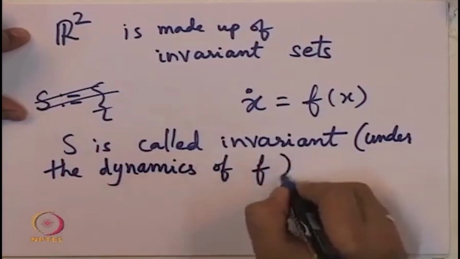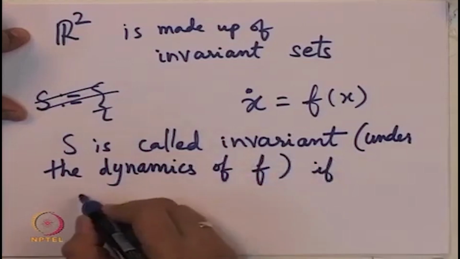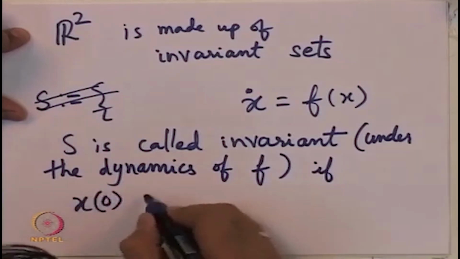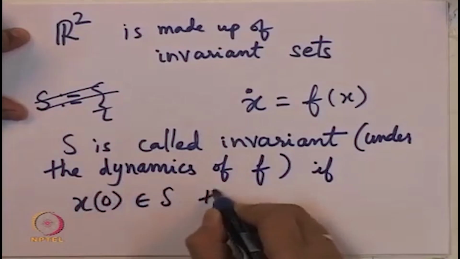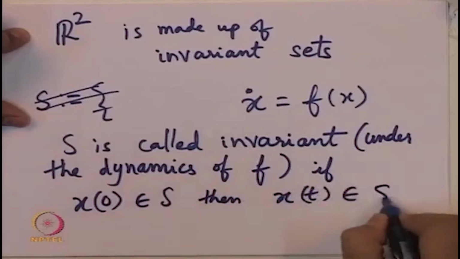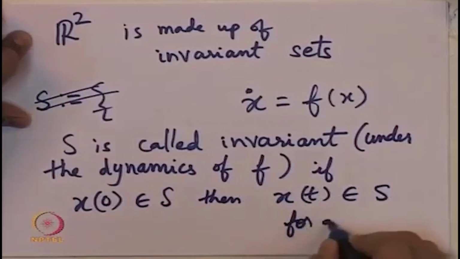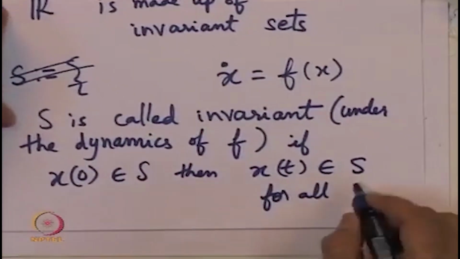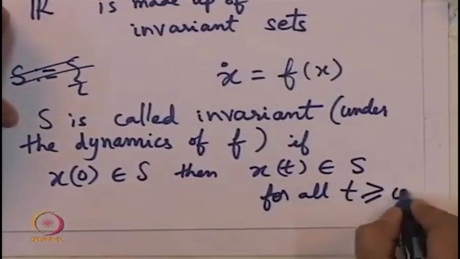Under the dynamics of f, if we start inside S, then x of t is also going to be inside S for all t greater than or equal to 0.